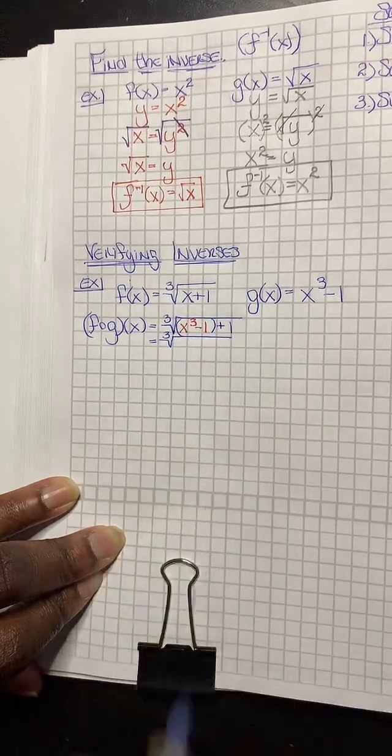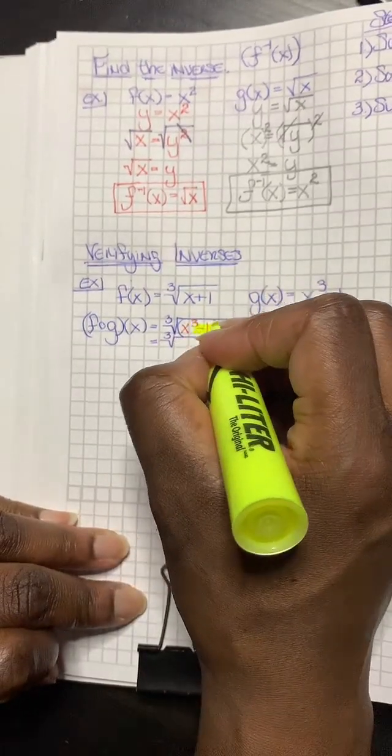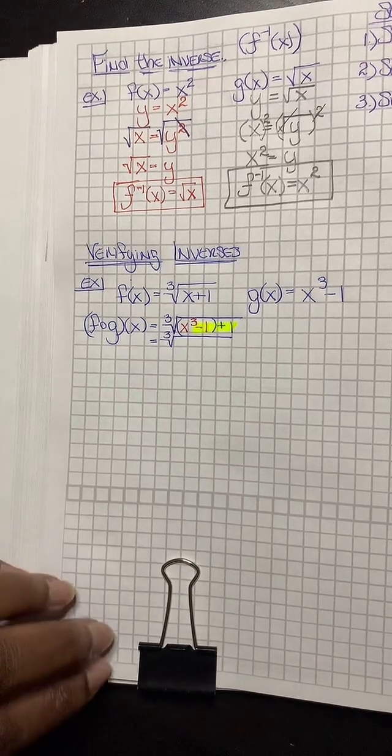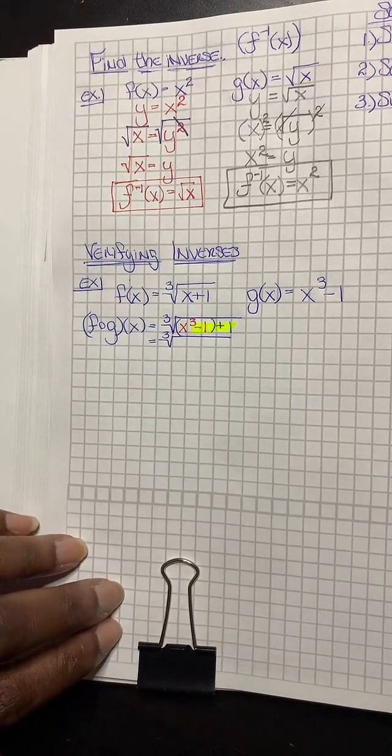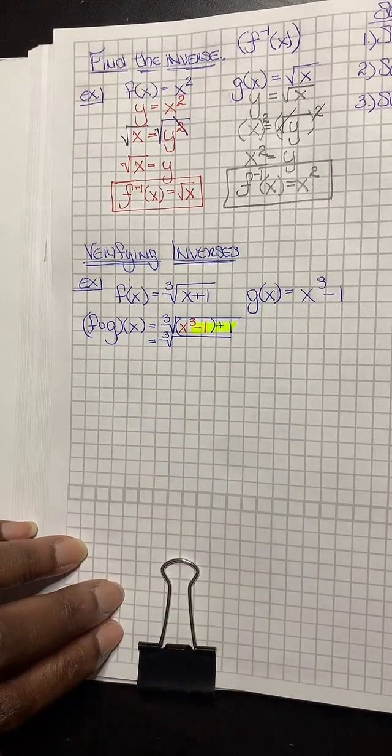We've got like terms right here. Negative 1 plus 1, they cancel each other out.